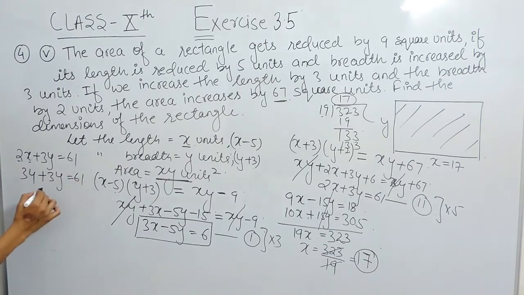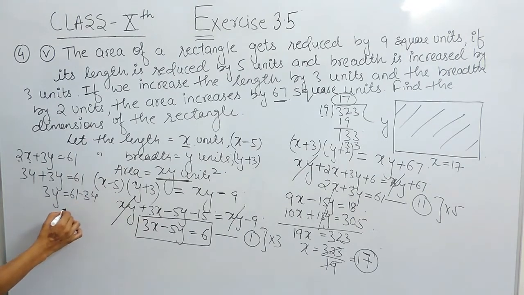You can shift this to this side, this will become 3y, 61 minus 34, 11 minus 4 is 7, 5 minus 3 is 2, this is 3y. So the value of y is this, when cancelled out, is 9.